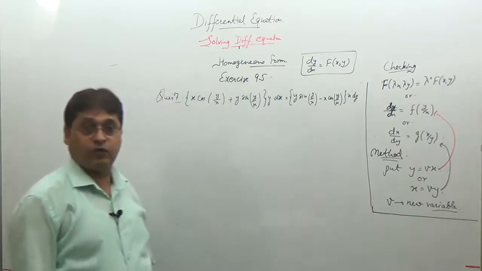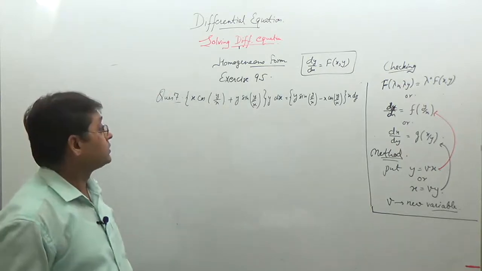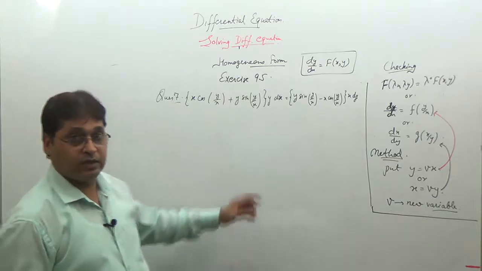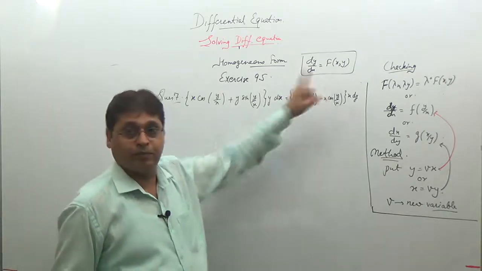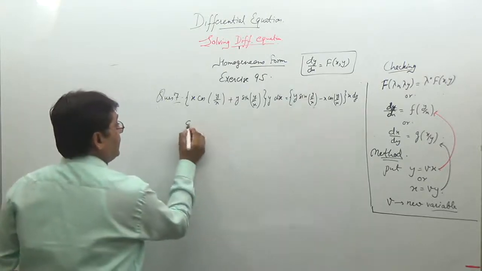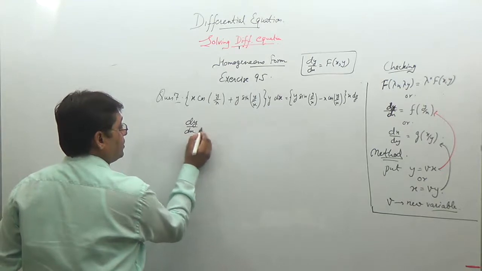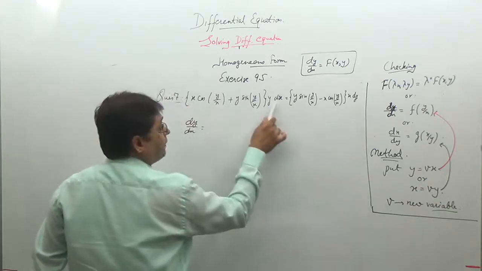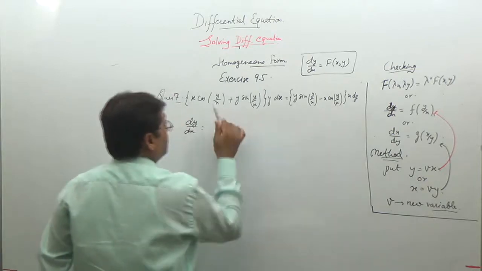Okay, now first of all we have to check whether this equation is a homogeneous form or not. For that, first of all write this equation in standard form, that is dy by dx. Dy is here, so take dx in the denominator part and this whole factor here.